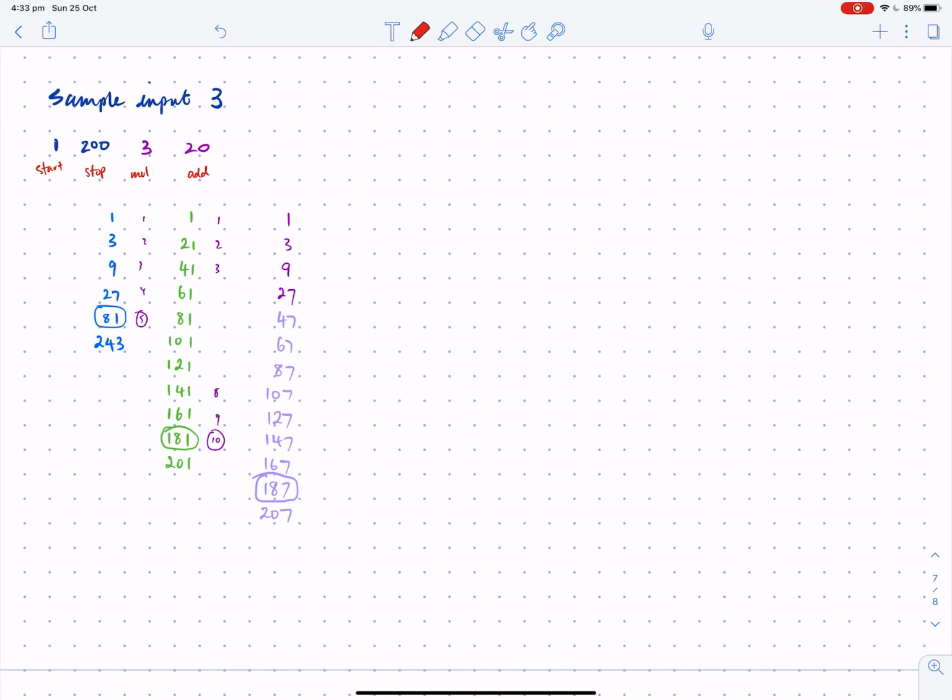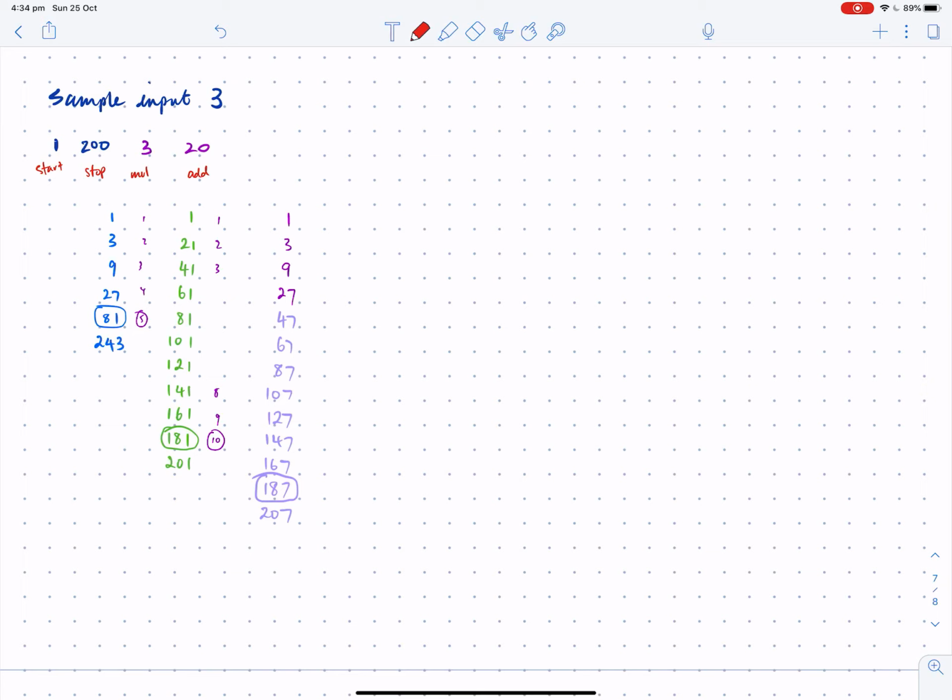If we had multiplied, that would have been 81, which is bigger than the 47 we can get from adding, right? So because the 47 is the smaller value, we take that. And as soon as we take one that's adding, then we just keep adding. We don't need to do any more checking.